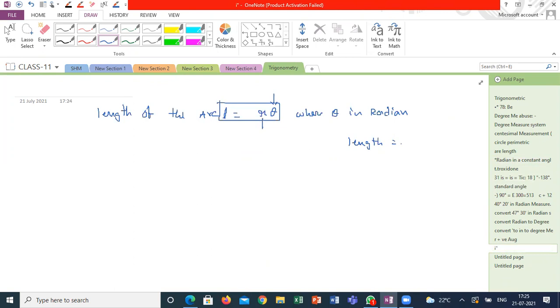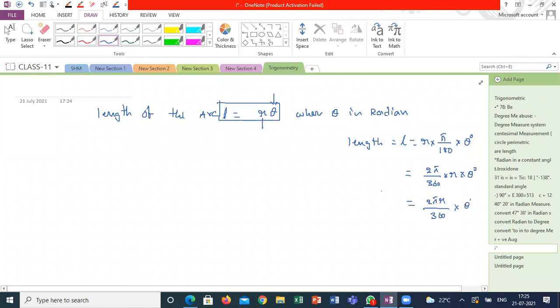So the length of the arc is equal to r into pi by 180 into theta in degrees. Multiplying by 2 on both sides, this can be written as 2 pi by 360 into r into theta in degree measure.